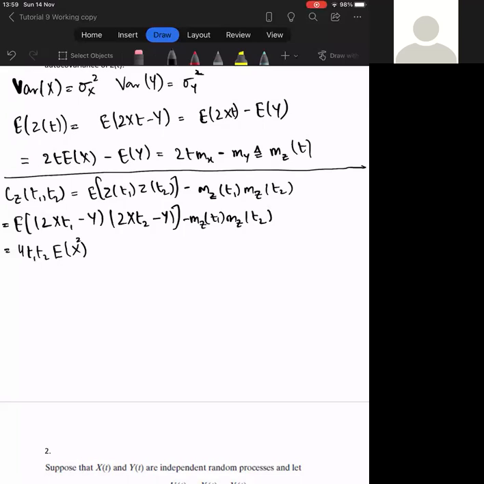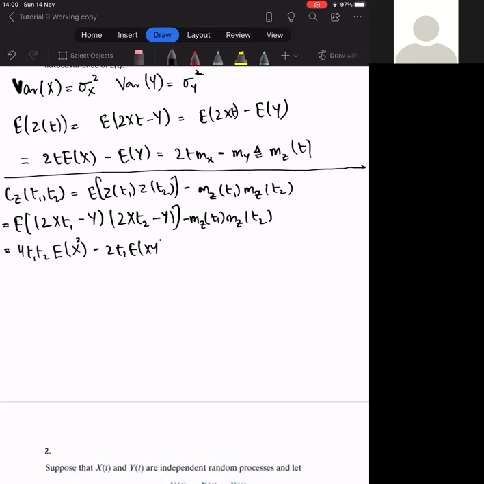Then the next term is minus 2 t1 E of XY.